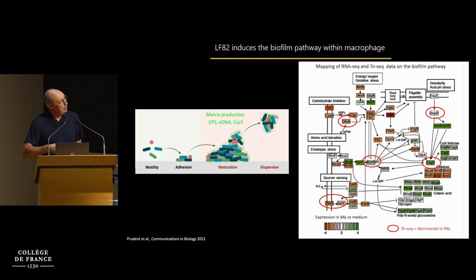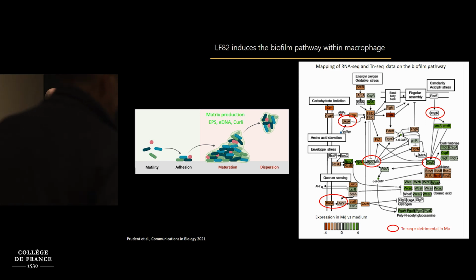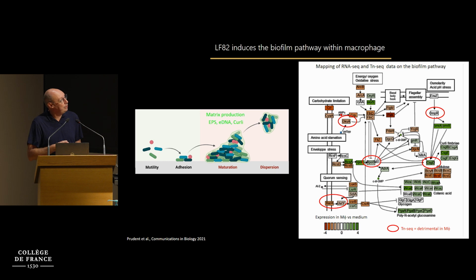In green, you see that all these parts turn green, suggesting that the bacteria in the macrophage, so this is RNA-seq data, they produce matrix while they repress motility.